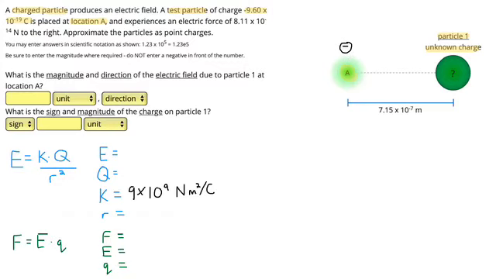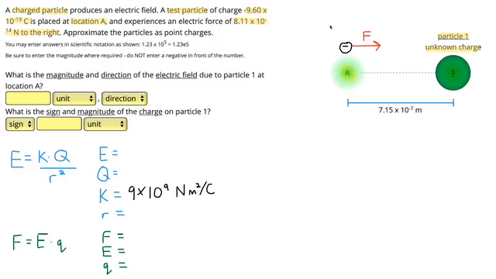And it tells us that it experiences an electric force of 8.11 times 10 to the negative 14 newtons to the right. So I'm just going to draw that force on here. It's experiencing an electric force to the right. Okay.